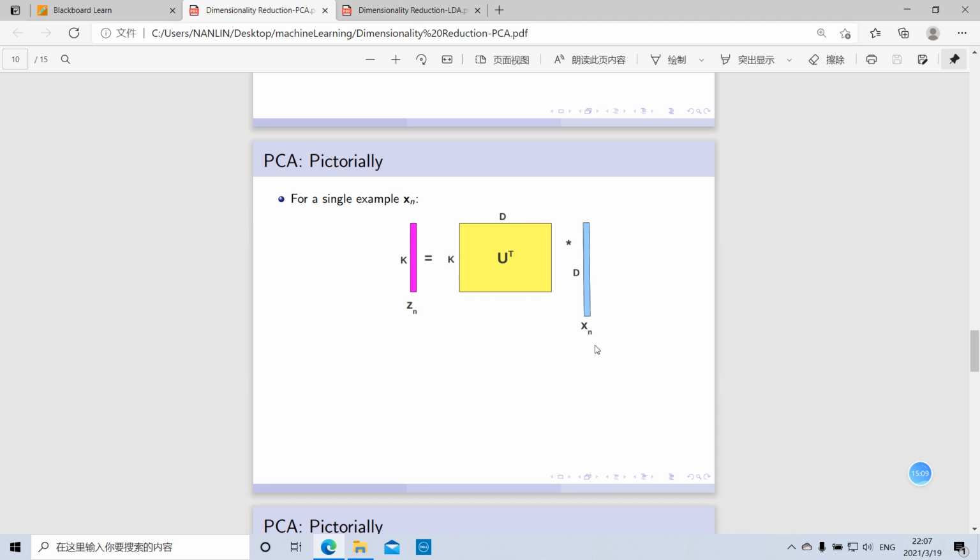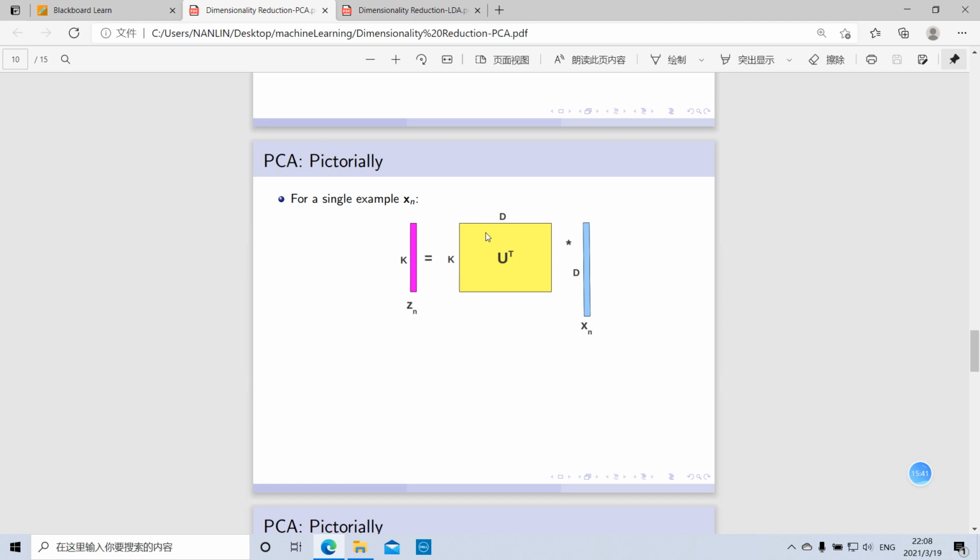Let's say the original data here is in blue. I have D dimensions, D components. Now I want this to become K dimensions. So we have a projection matrix here. We multiply it with the original data, and we generate that.